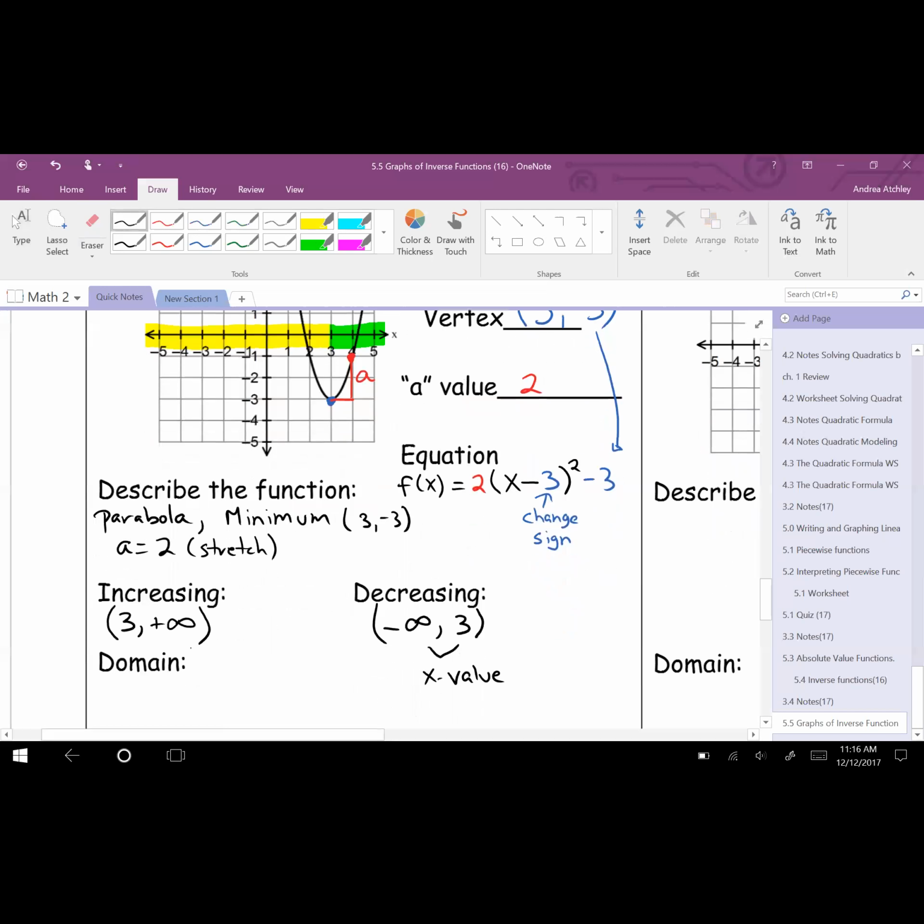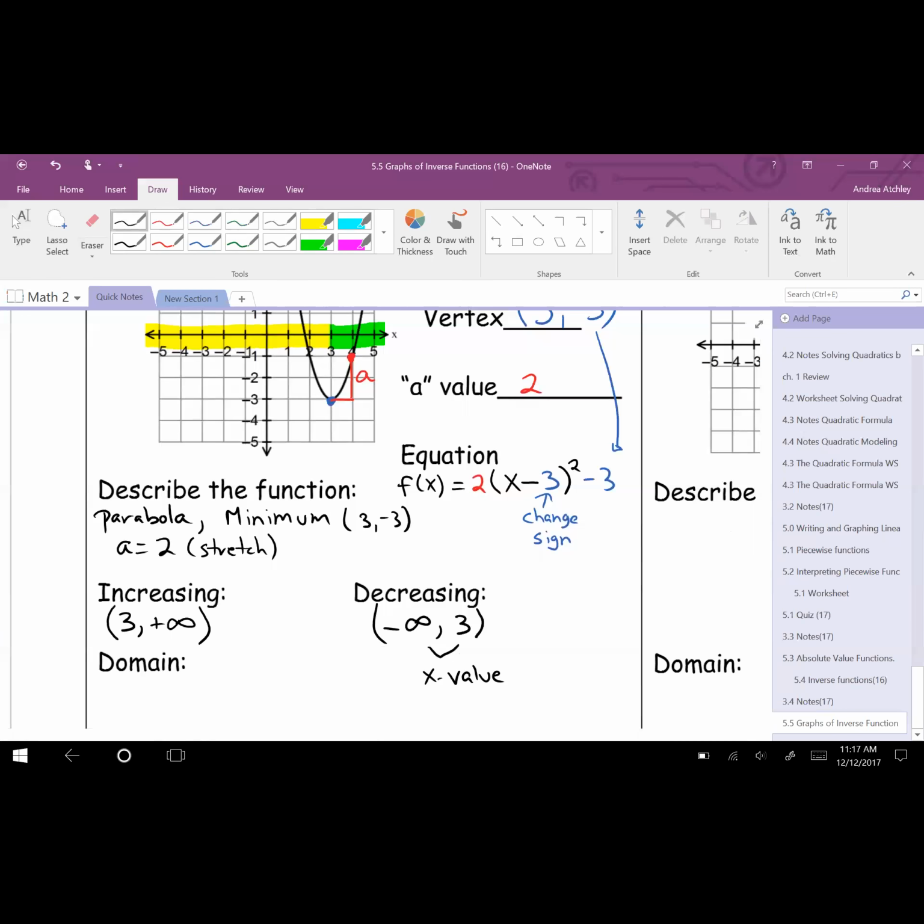And again, I don't have brackets here because at 3, I am not decreasing or increasing. Any questions? Okay, the most difficult is you guys are going to probably try and use the y values in this. So make sure you're always looking at the x values. That's a common mistake. Any questions?